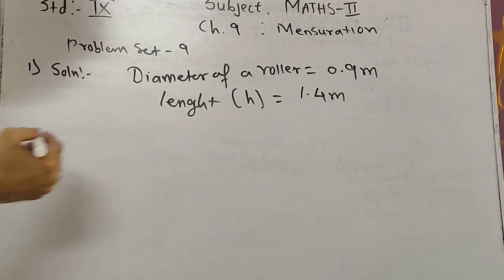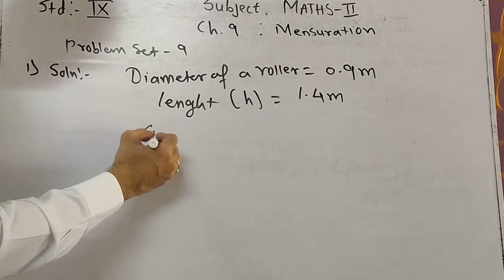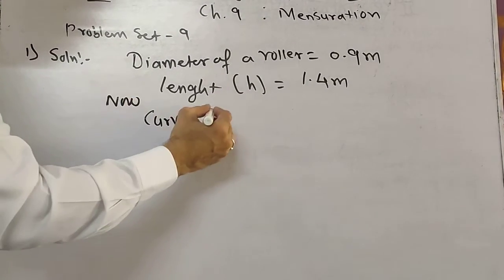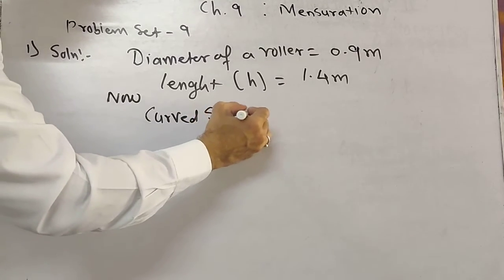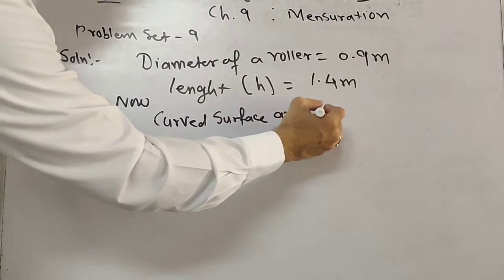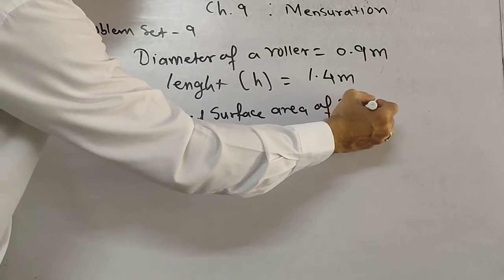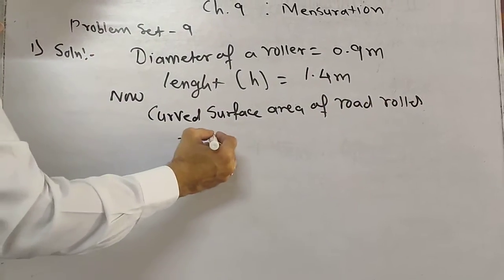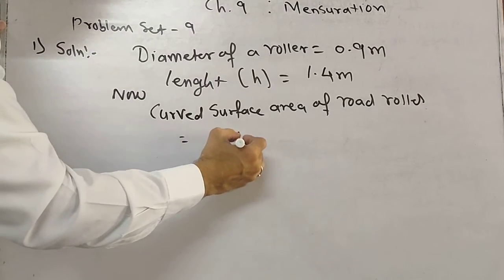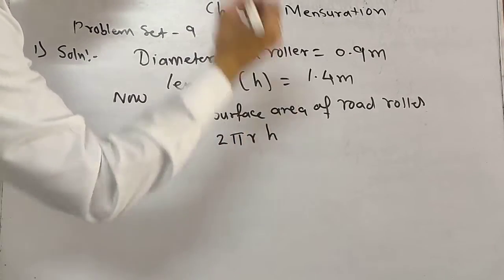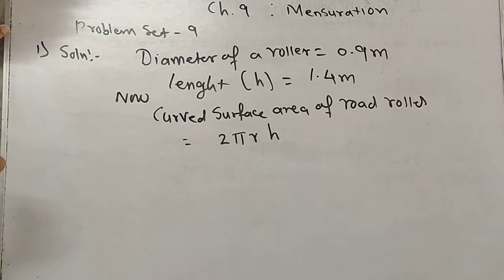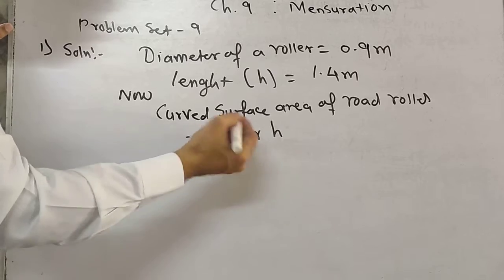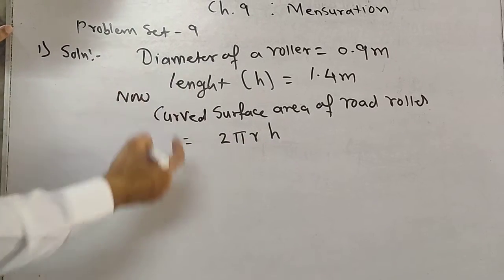So okay, now curved surface area of road roller is equal to 2 pi r h. Formula is 2 pi r h. And 2r means diameter. 2r will be diameter.